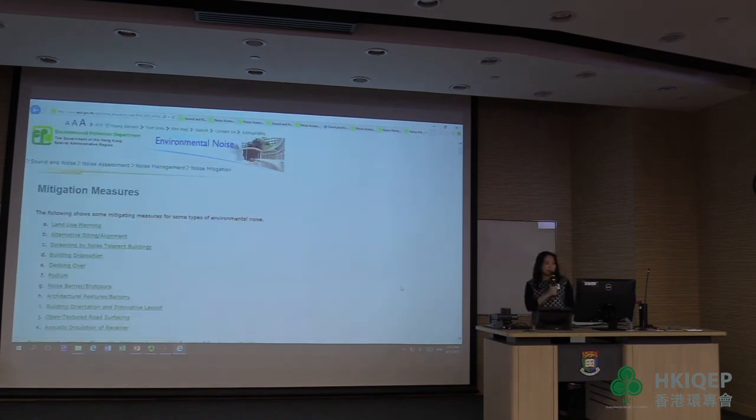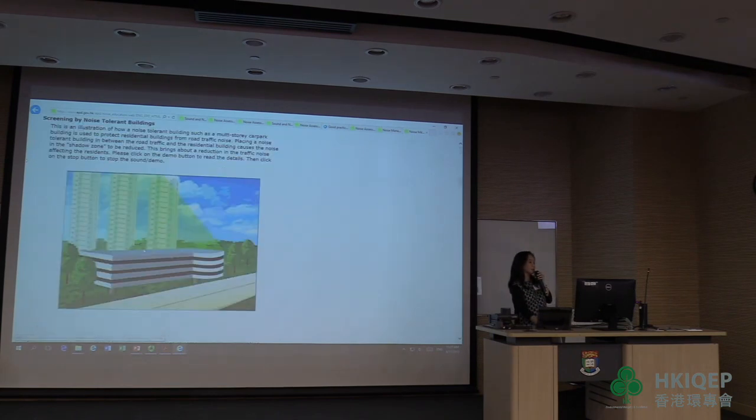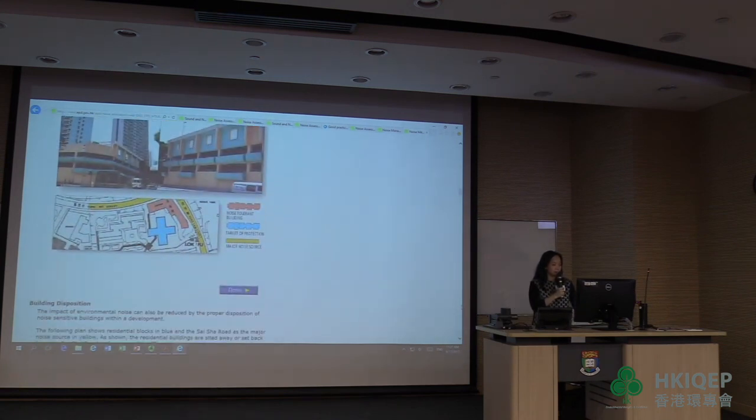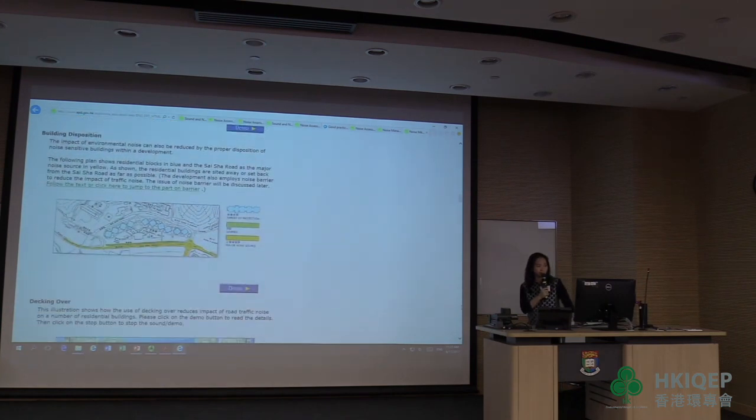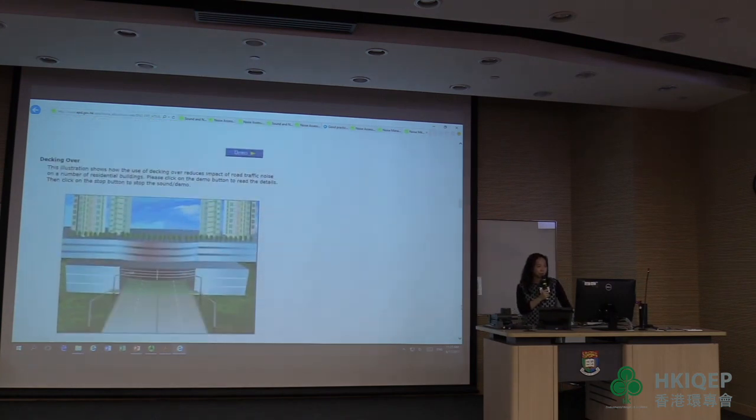Okay. Some of the commonly used mitigation measures in Hong Kong: land use planning, alternative siting, and also screening by noise-tolerant buildings, like a car park building, or even a residential building being screened by a hotel, which is centrally air-conditioned, is another kind of screening. And also building disposition, the decking over, which I think you see in Lambton, right?